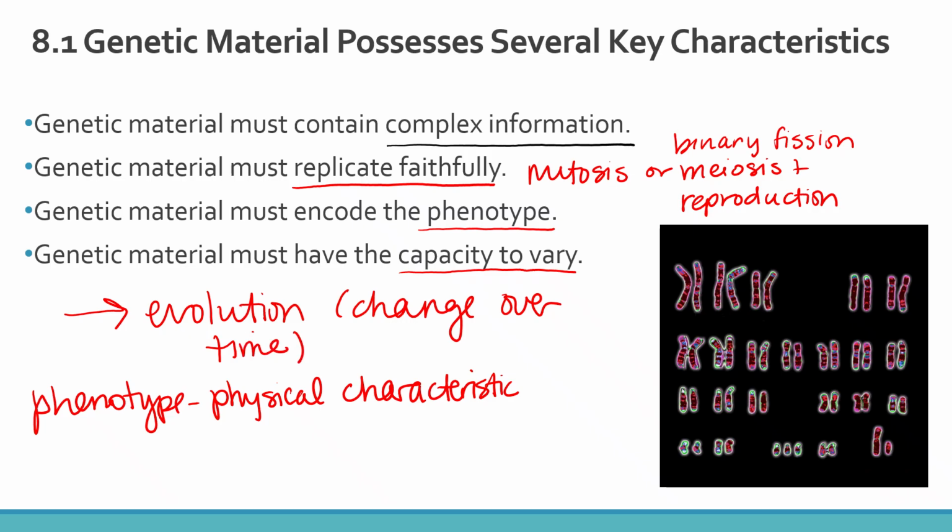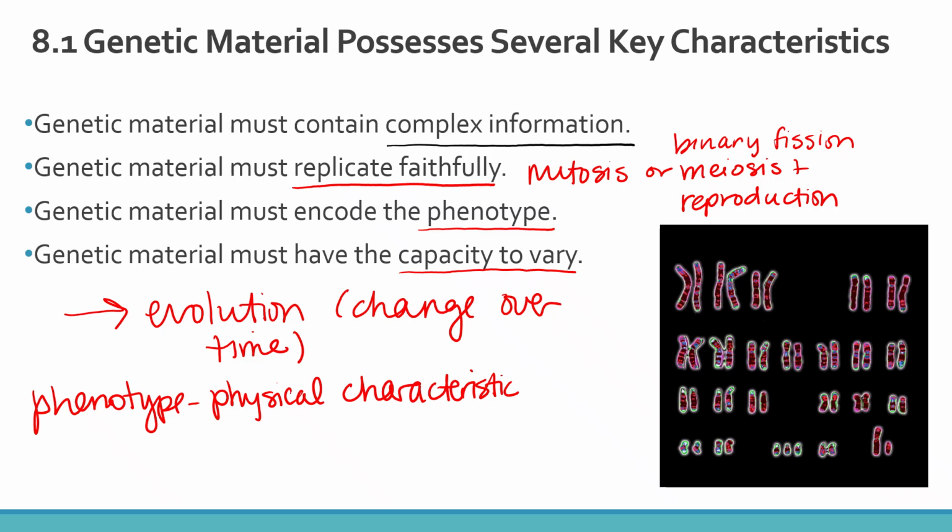Because our most basic definition of evolution is the change in the genetic makeup of a population. And we also know that genetic material is not identical from parent to offspring, except in the case of asexual reproduction. But if we're doing sexual reproduction, our parents and our offspring all have different DNA. Both parents have different DNA, and then the offspring are combinations of those parents. Sometimes new combinations that we haven't seen in other siblings.